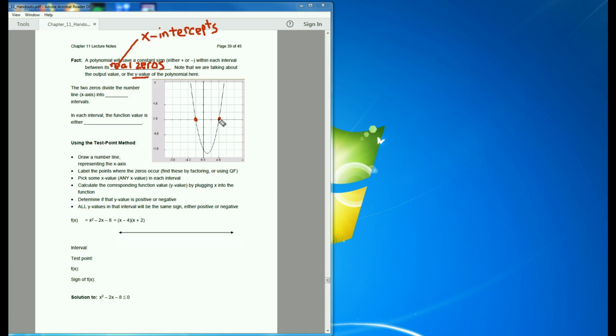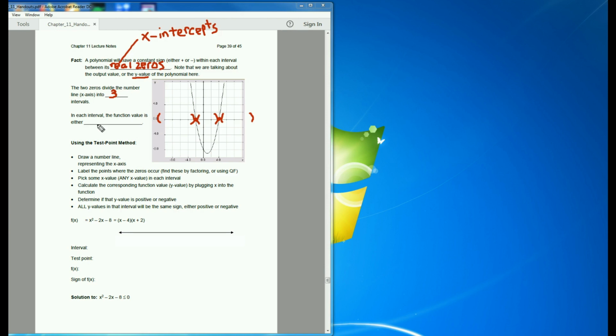So notice that those two zeros divide the number line, the x-axis, into 3 different intervals. Essentially the intervals are from -infinity up to this zero, from this zero to this zero, and from this zero up to +infinity.